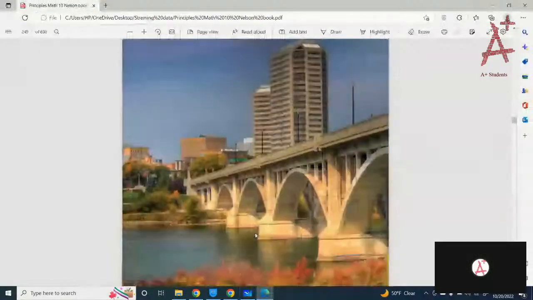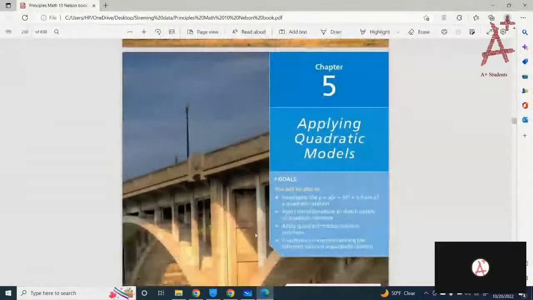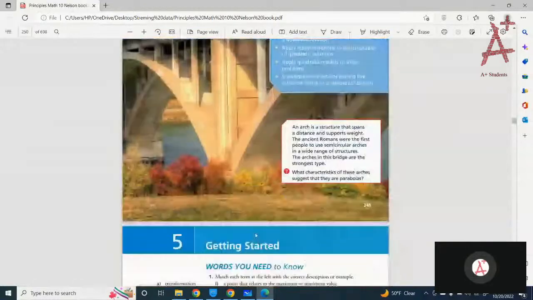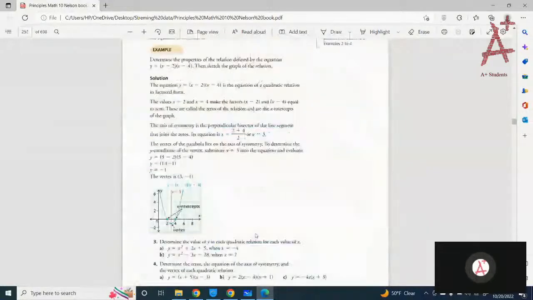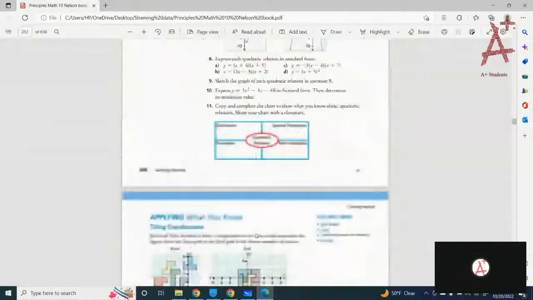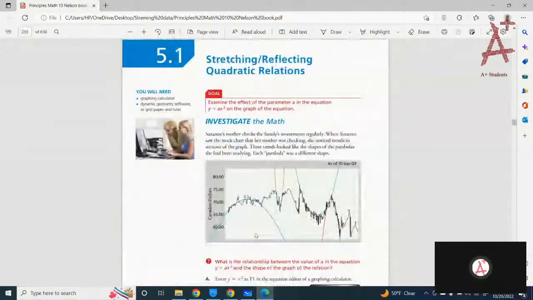Okay, here is chapter 5, that is applying quadratic models. You can find the chapter in the Nelson book on page 245. So let's start 5.1, that is stretching slash reflecting quadratic relation.